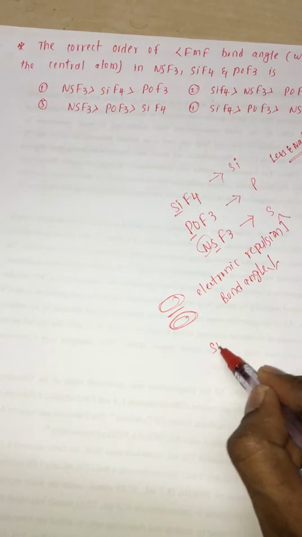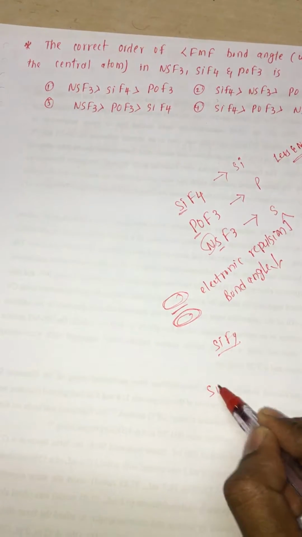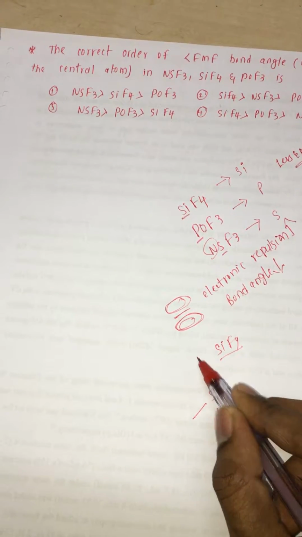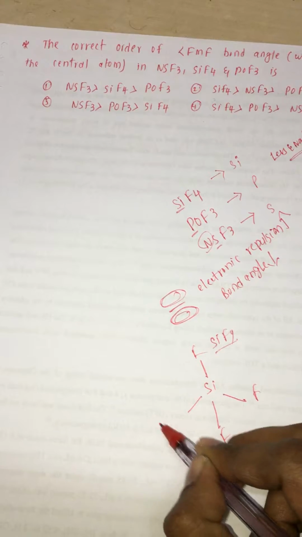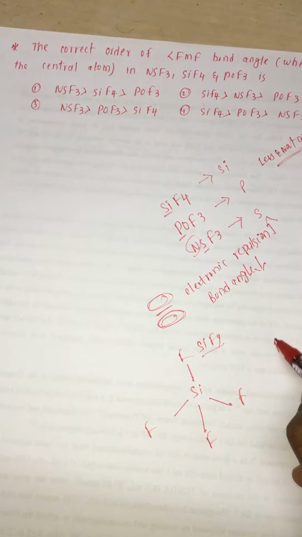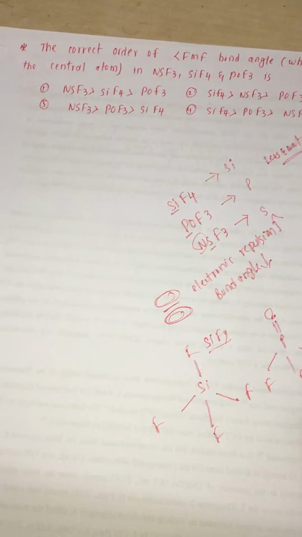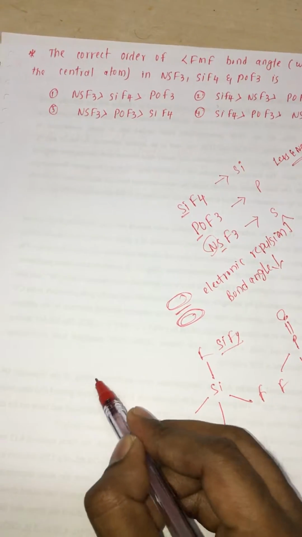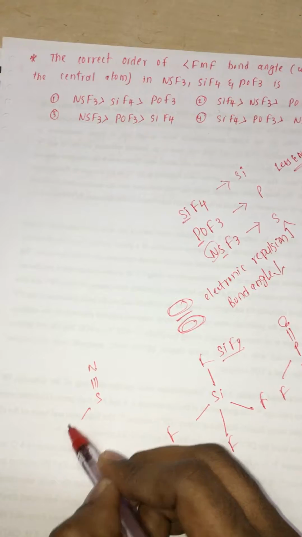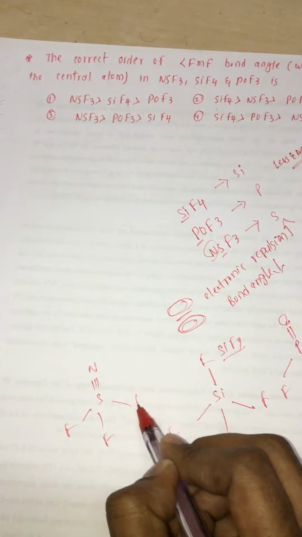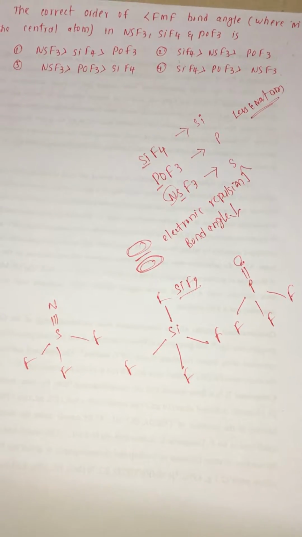So in case of SiF4, we have all single bonds. In case of POF3 we have a double bond like this. In case of S triple bond N F3. So these are the three structures we have here.